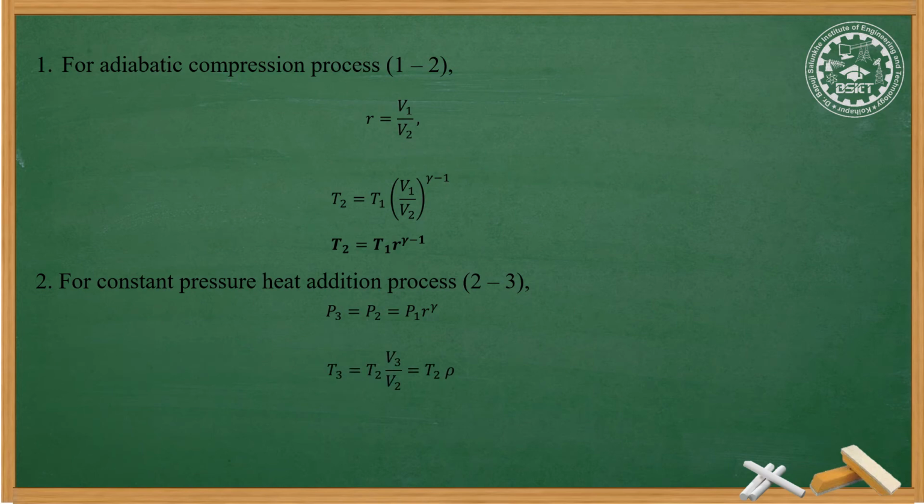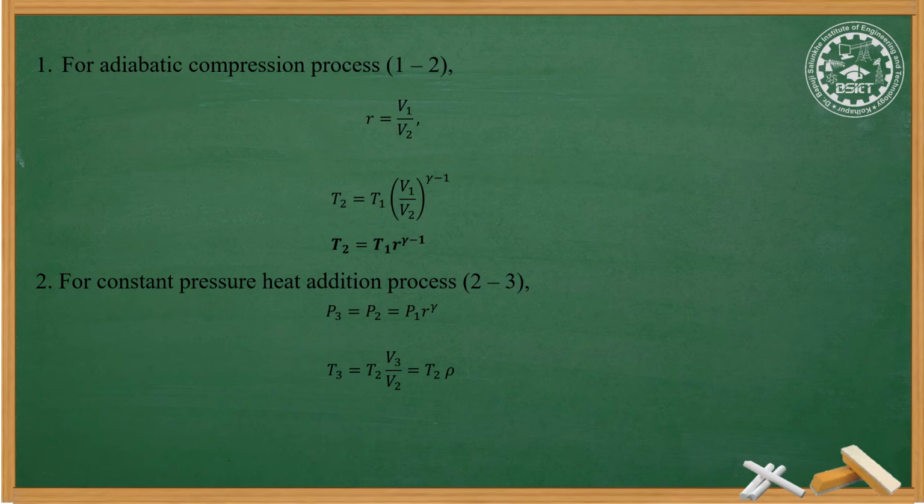This can also be written as T3 is equal to T2 into V3 upon V2. This V3 upon V2 is nothing but the cutoff ratio or load ratio, calculated as the volume at the end of heat supplied to the volume before heat supplied, given by V3 upon V2 and denoted by rho. Therefore, T3 is equal to T2 into rho.